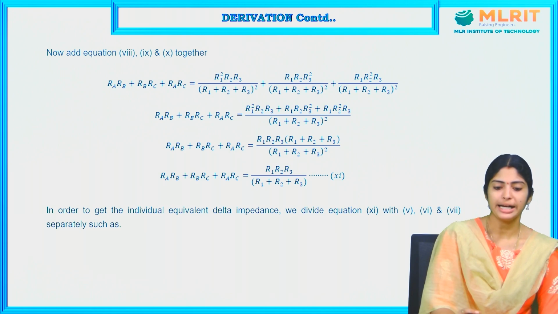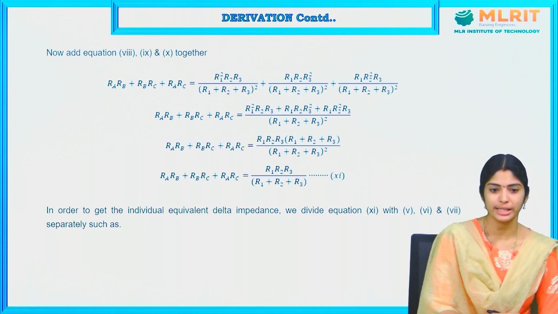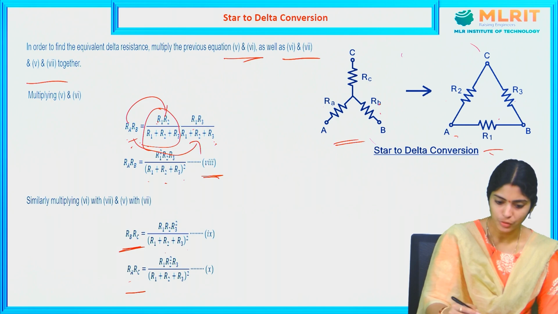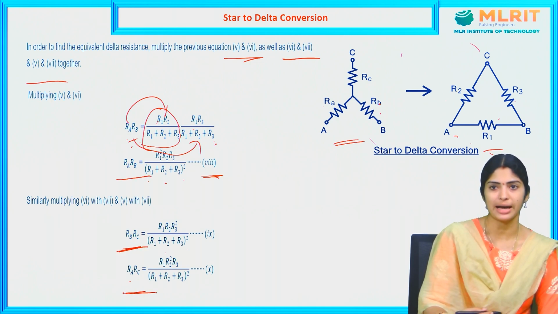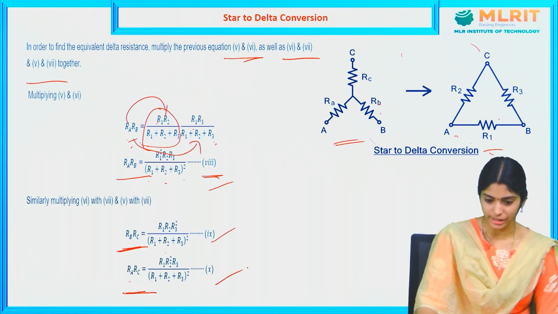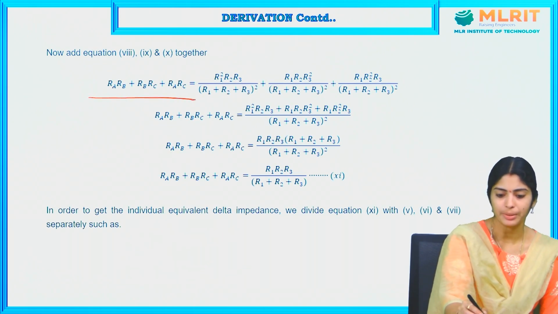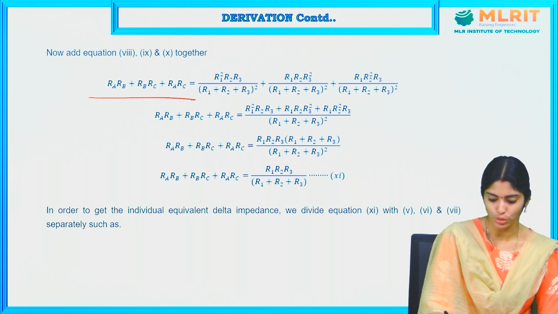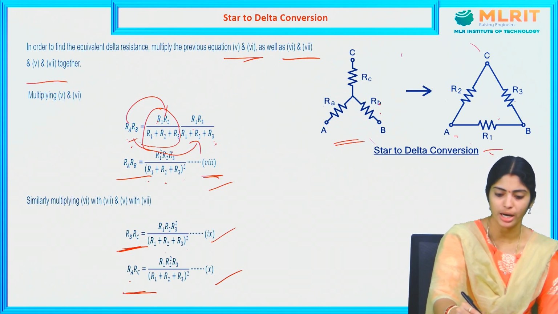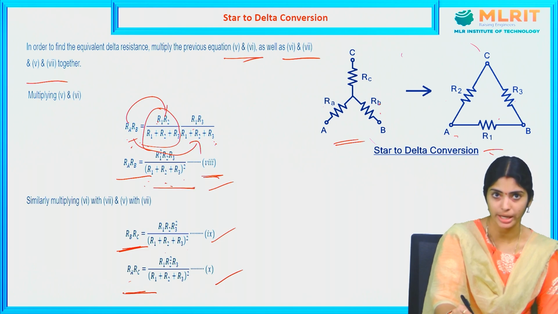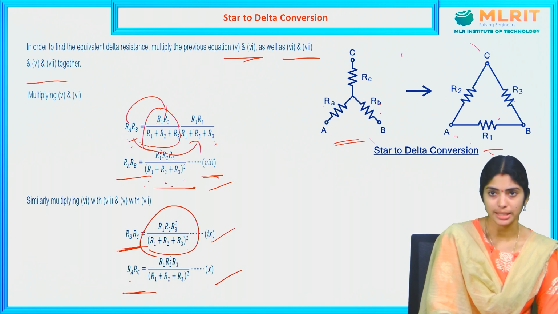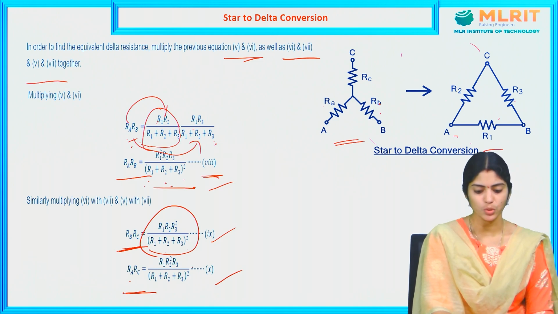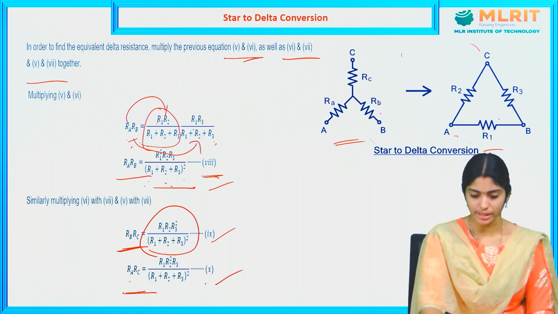Now if we add equations 8, 9 and 10 together, we get RARB, RBRC and RARC. If we add these three values, RARB plus RBRC plus RARC is equal on the LHS, and on the RHS we have R1 square R2 R3 by R1 plus R2 plus R3 whole square, plus R1 R2 R3 square by R1 plus R2 plus R3 whole square, plus R1 R2 square R3 by R1 plus R2 plus R3 whole square.